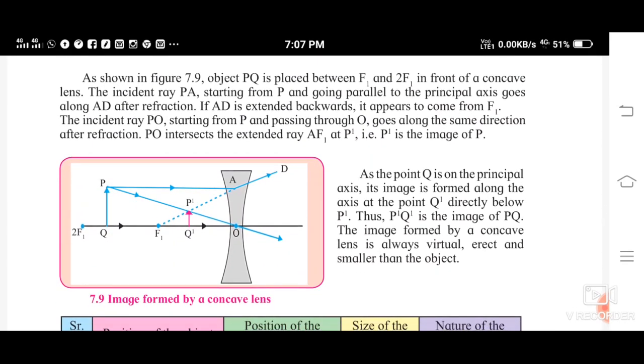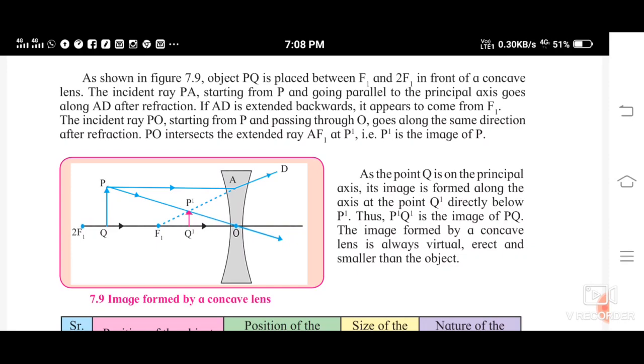As shown in figure 7.9, object PQ is placed between F1 and 2F1 in front of a concave lens. The incident ray PA, starting from point P and going parallel to the principal axis, goes along AD after refraction.